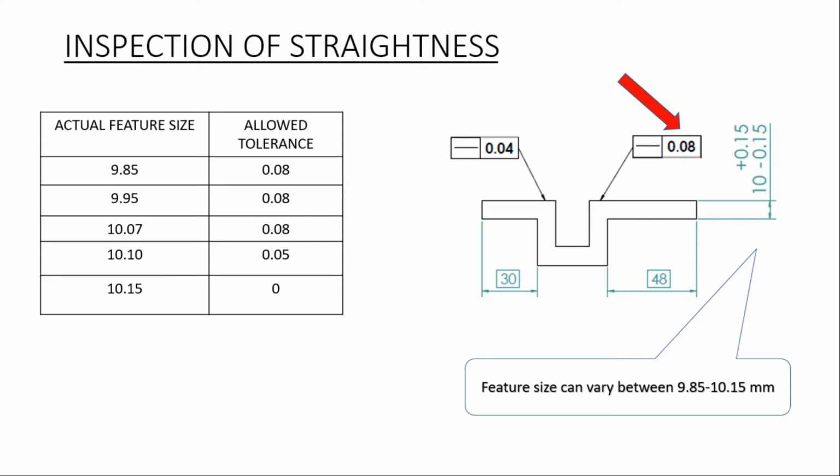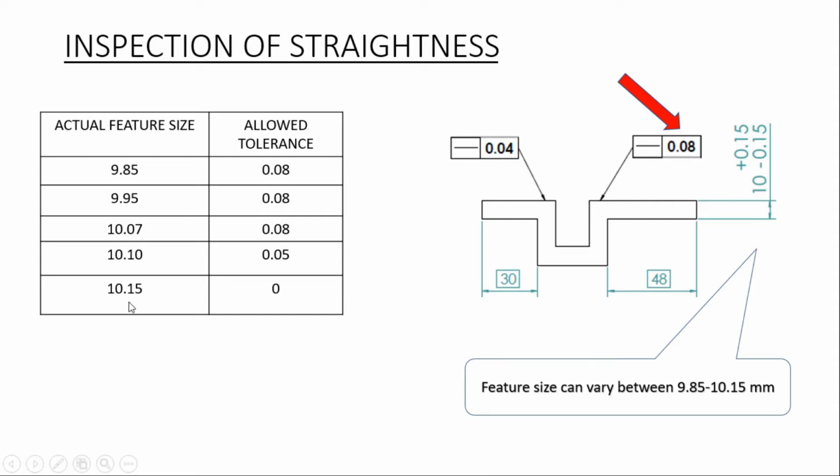That's why here you can see, if the size is 10.10, we have 0.05, which gives you 10.15. That's the maximum material condition. The straightness of the feature should not exceed 0.05 if the feature is measured at 10.10 mm.